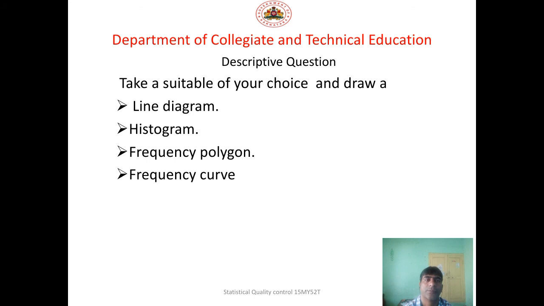So next, a descriptive question. You should note down this question. Take a suitable example of your choice and draw a line diagram, histogram, frequency polygon and frequency curve. Students, here you should take an example of your choice.